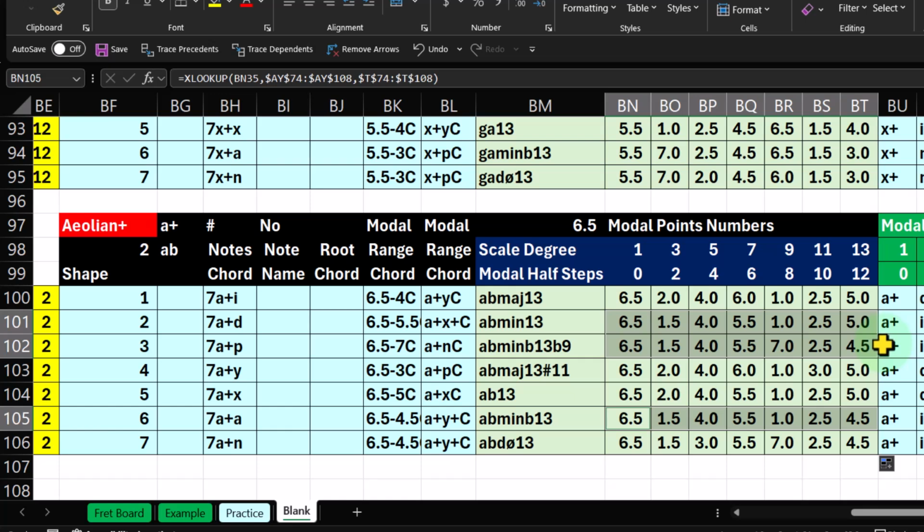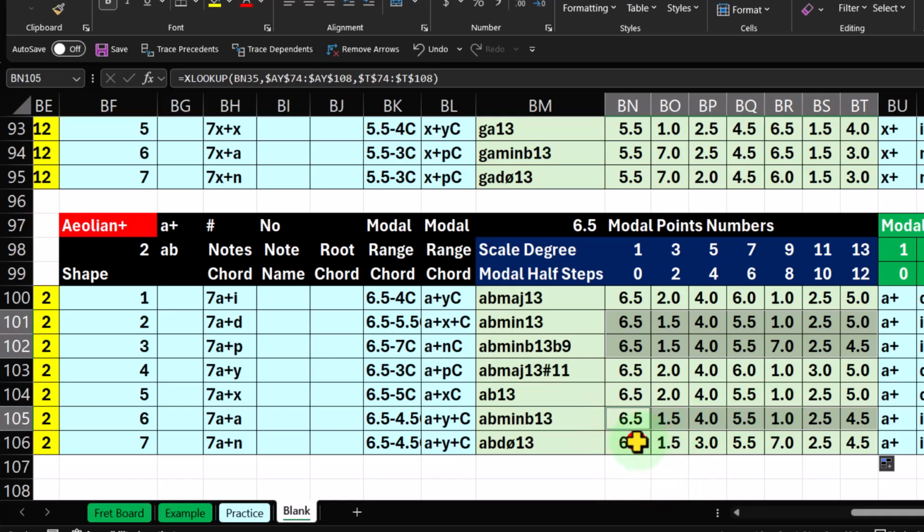wait a sec, this one for the Dorian, right? Because it has a major distance of 9 notes away from the local distance instead of 8 notes away for the equivalent of the 12th modal half step or 13th scale degree, which would be the 5th modal half step or 6th scale degree from the local.